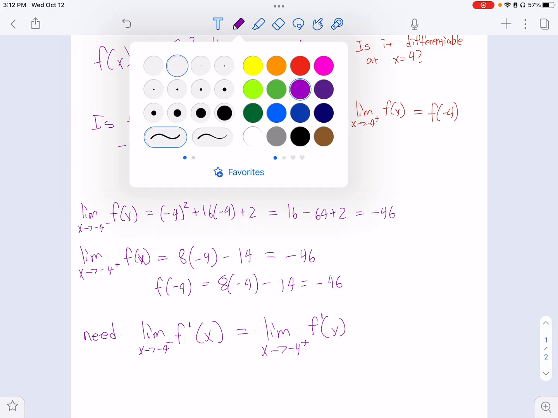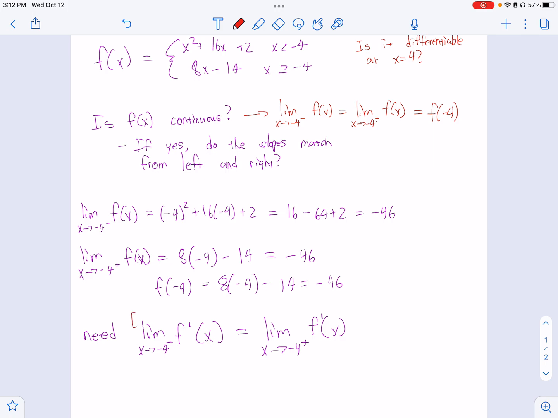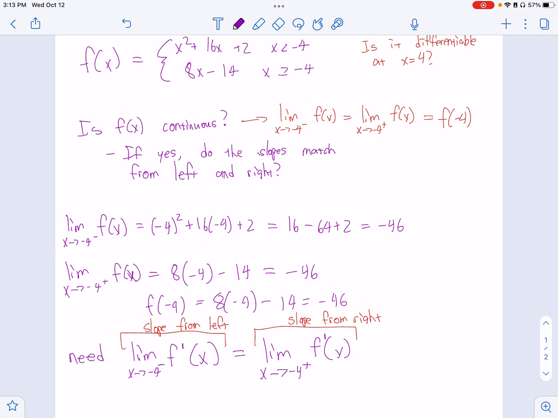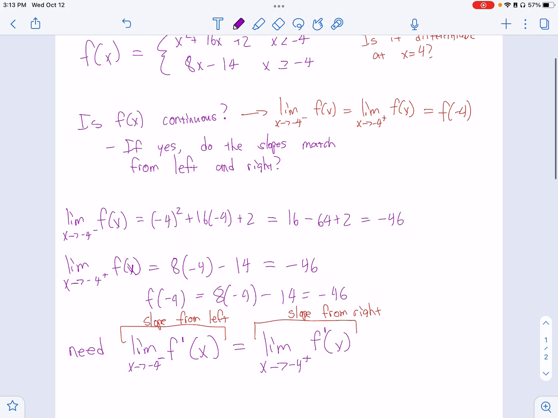So this is checking if the slopes match, because this is the slope from the left, and then this is the slope from the right. So we'll do the one from the right first.